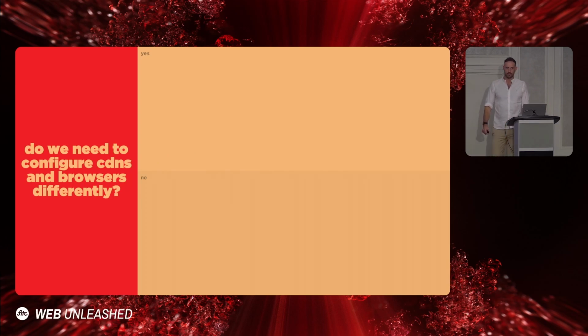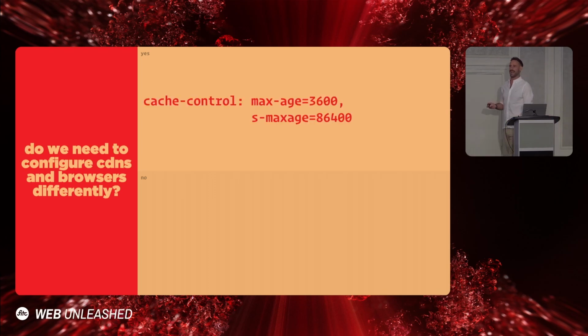Nearly getting there. Do we need, or do we want, to configure CDNs and browsers differently? I always wondered why on earth someone might want to do this, but it turns out there's a very, very elegant use case. If yes, we would use the s-maxage directive. S for shared caches: CDNs, proxies.